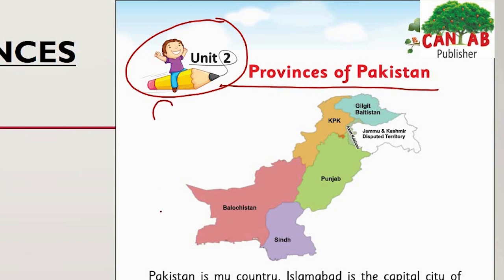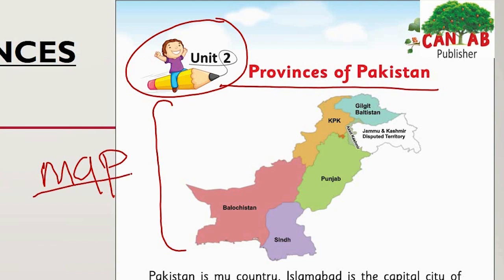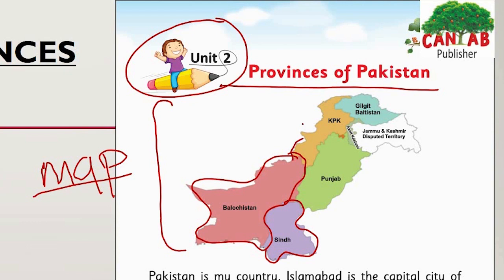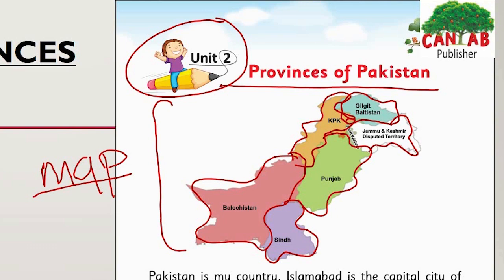What you can see in front of you is the map of Pakistan. This part of the map is Balochistan, Sindh, KPK, Punjab, Gilgit-Baltistan and the disputed Jammu and Kashmir territory.